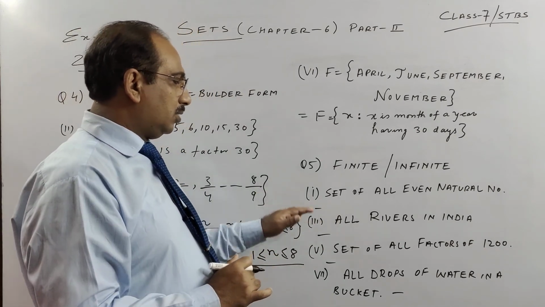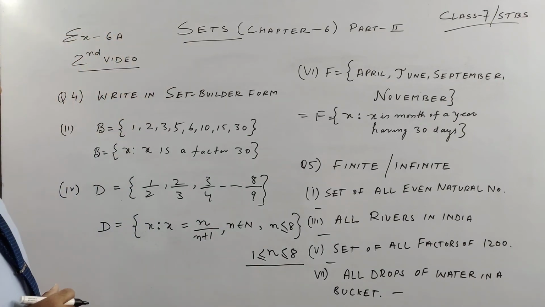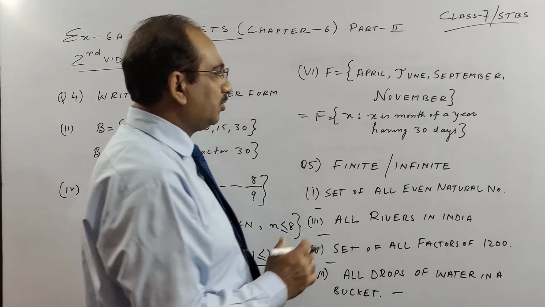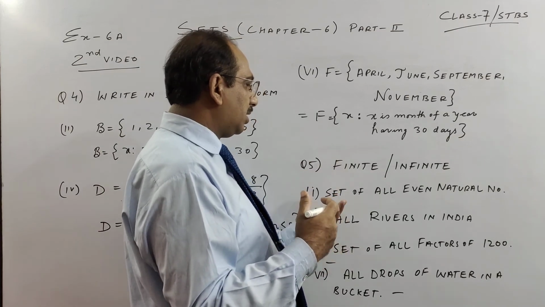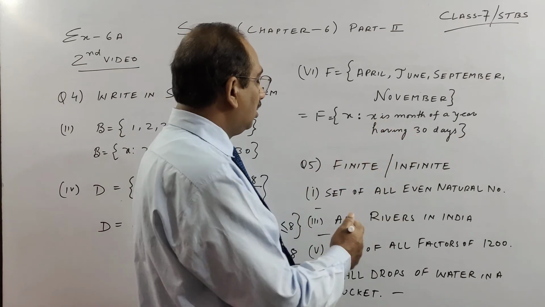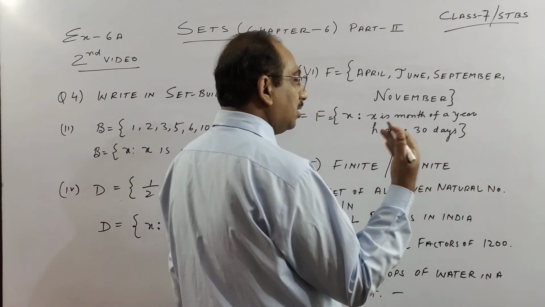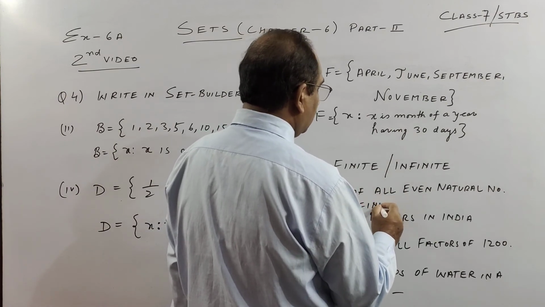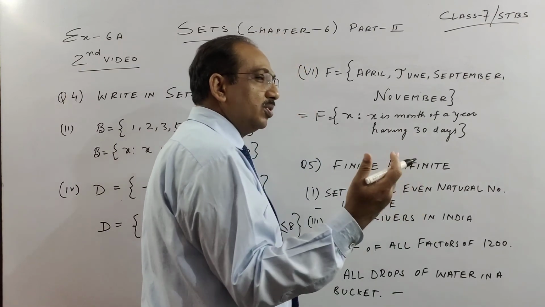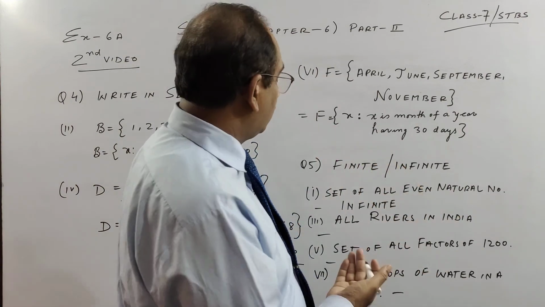Okay, so here we go to the final part of our session, finite or infinite sets. Set of all even natural numbers. Finite means which are countable, which can be counted, which can be written, but infinite you see we write dot dot dot. Set of all even natural numbers is infinite, children. Even natural numbers will go on and on, like 2, 4, 6, 8, 10, 12, 100, 200, 1000, 1002, like that.